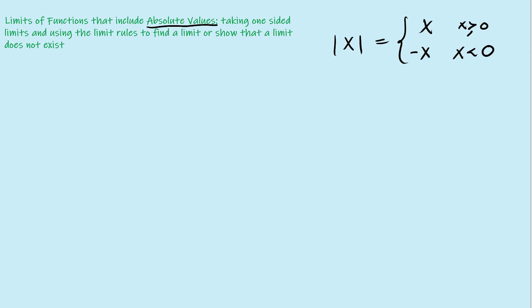And it's interesting to look at this function when it actually goes through 0. So if this is the graph of absolute value of x, well, for x equals 0, we have 0. For x equals 1, we get 1. X equals 2, we have 2, and so on. So we have a straight line with a slope of 1 for the positive numbers.